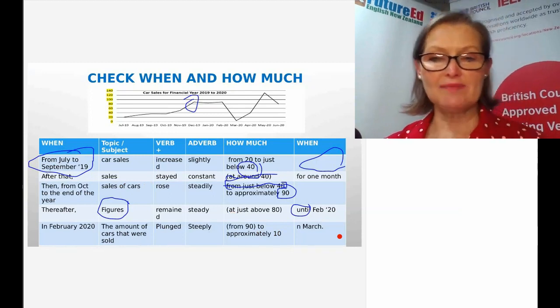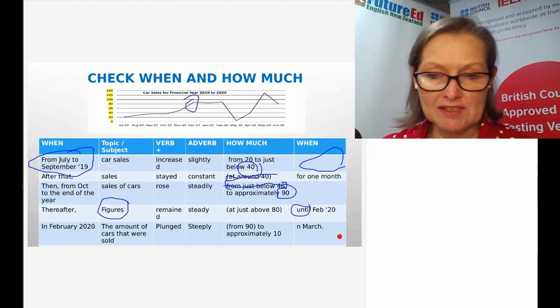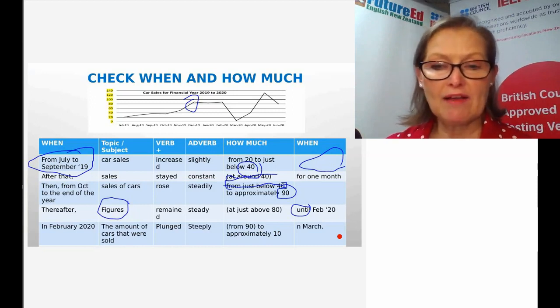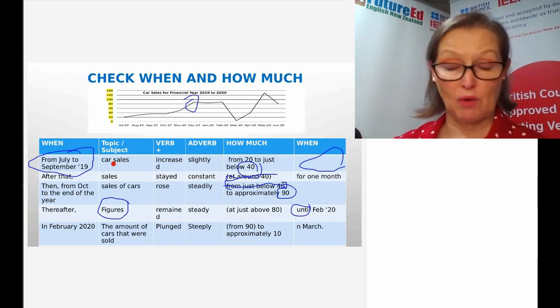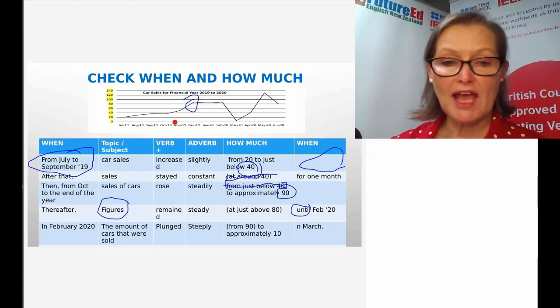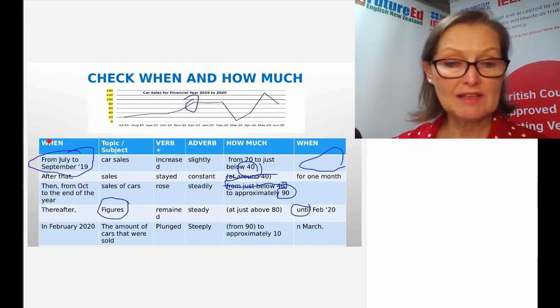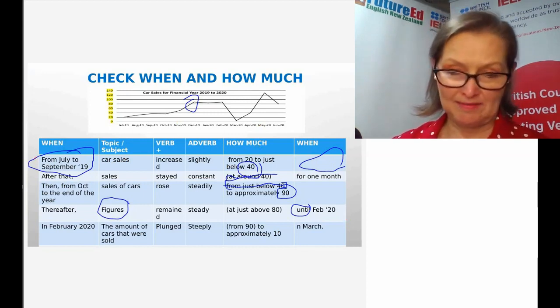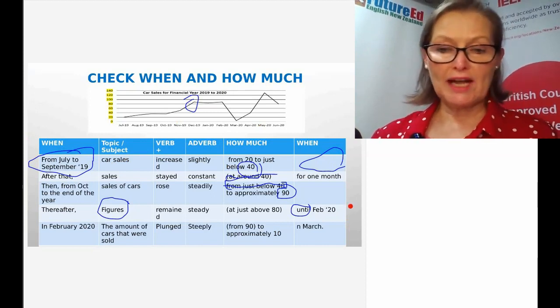So now you can see that we've really constructed our sentences using my verb plus adverb structure, sentence structure number A. And we've extended it to include our subject or our topic. And then we've further extended it to talk about how much. And now we've completed it by adding when.